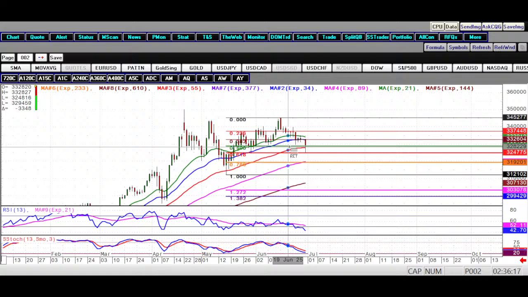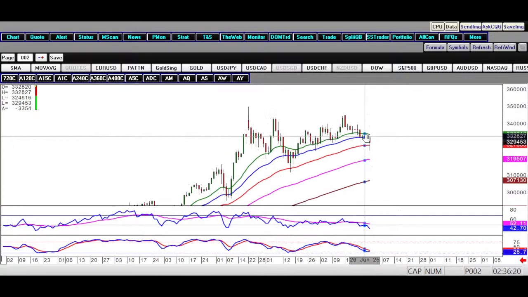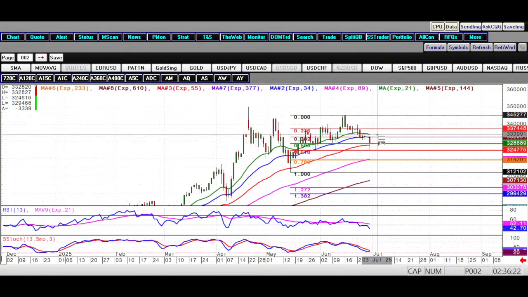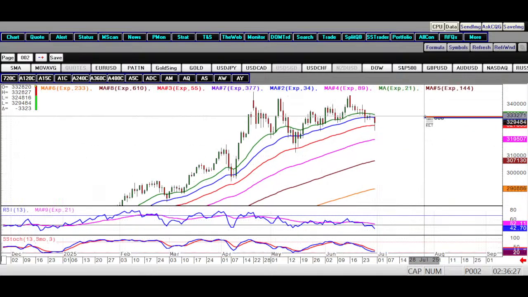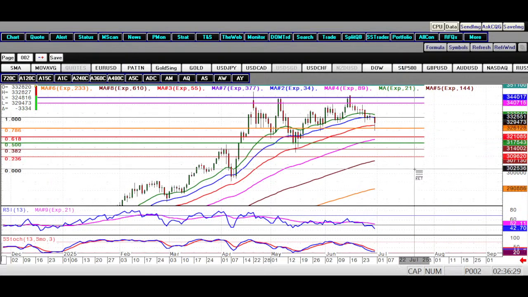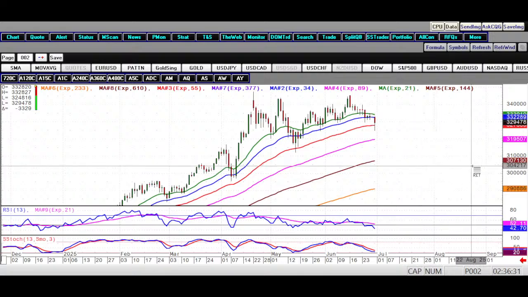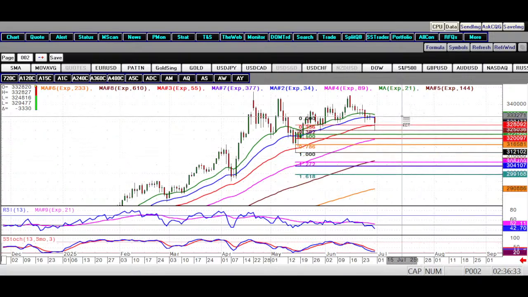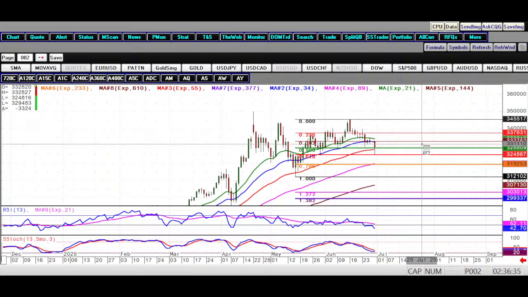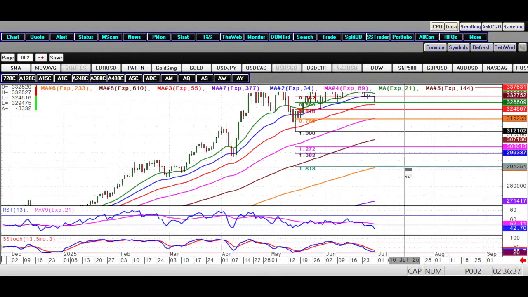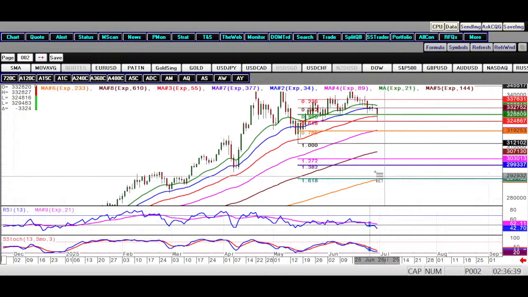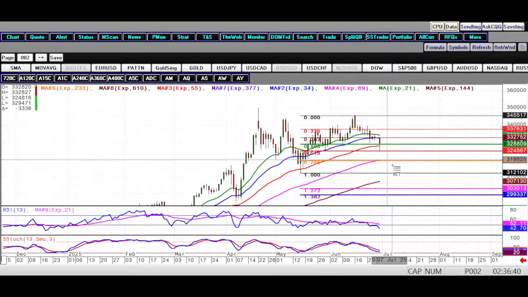Then what is expansion and projection? Expansion: when we talk about extension, usually the maximum level we look for extension is 161.8. Until here, the price movement can be an extension from this point to this point.